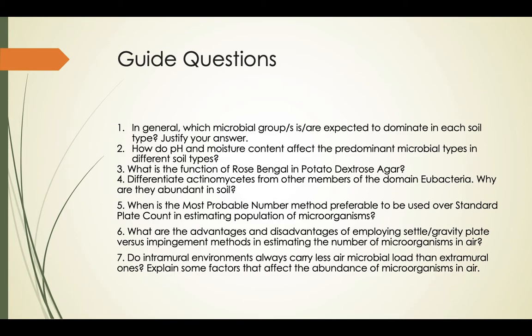Now, second question, how do pH and moisture content affect the predominant microbial types in the different soil types? I've already answered that for the case of pH. For the case of water, I must be able to see from your discussion or from your answer the importance of water as a matrix for reaction. Right?